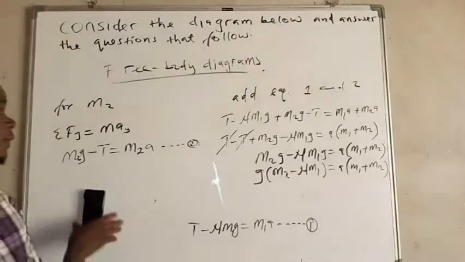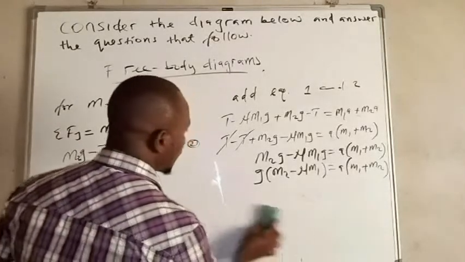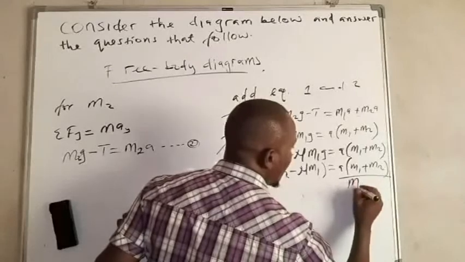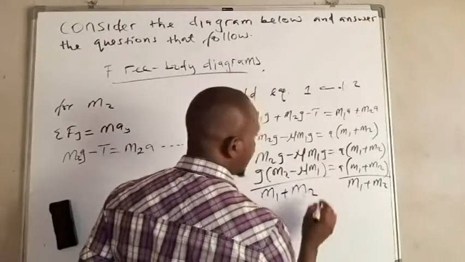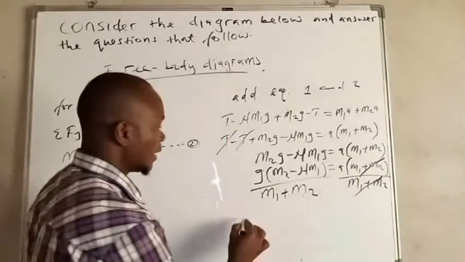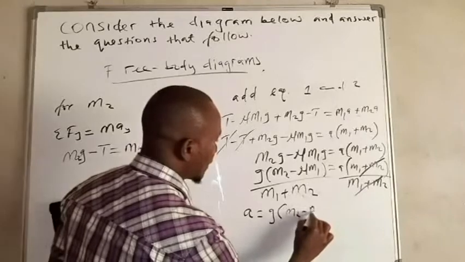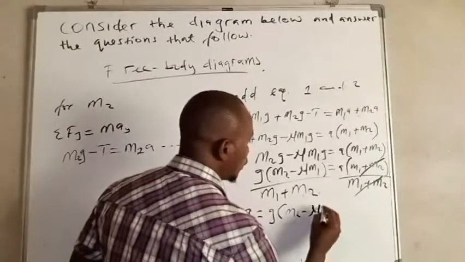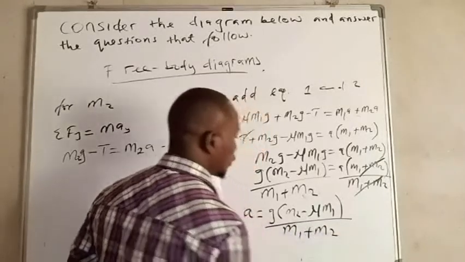Since we are looking for the acceleration in the system, we're going to make a the subject of the formula by dividing by m1 plus m2, so that this and this will go, and what we're going to have is a equals g times m2 minus mu m1 over m1 plus m2.